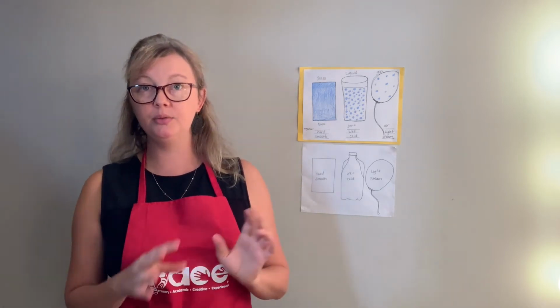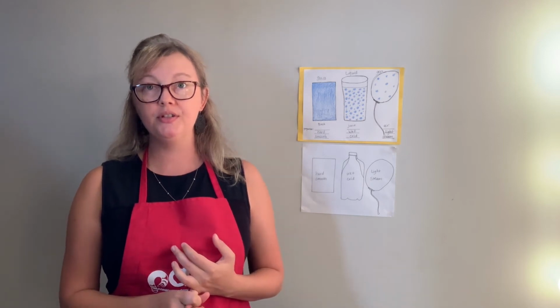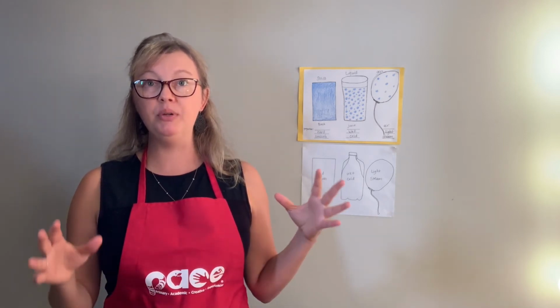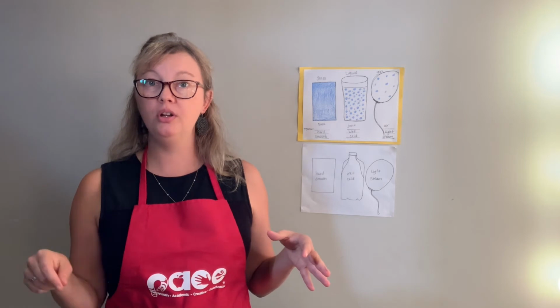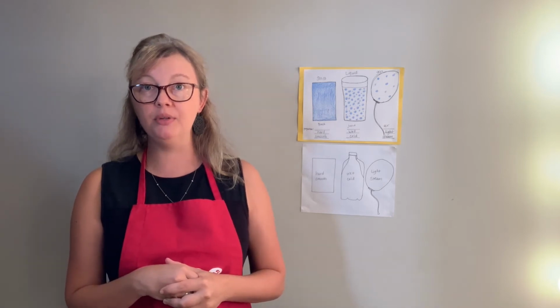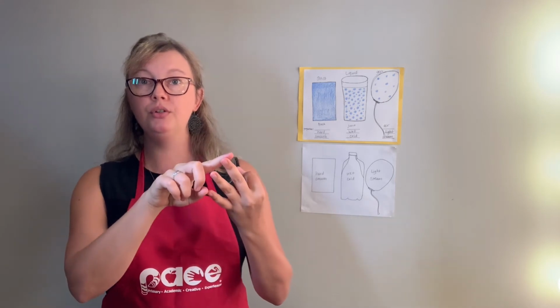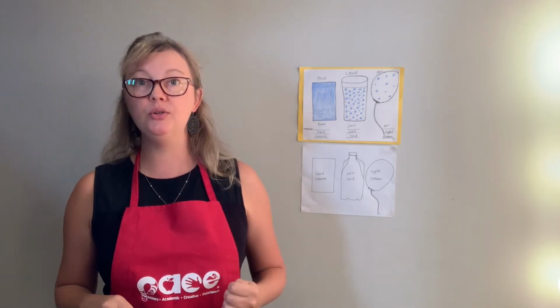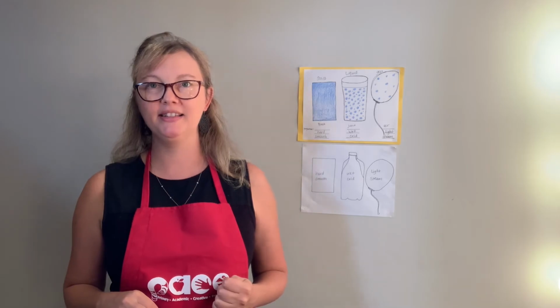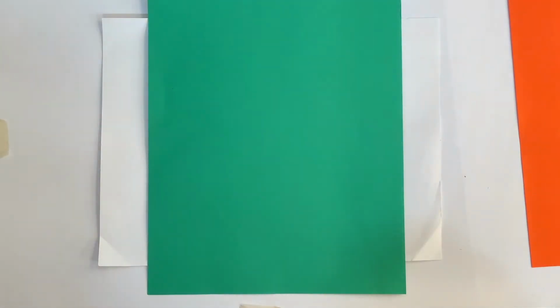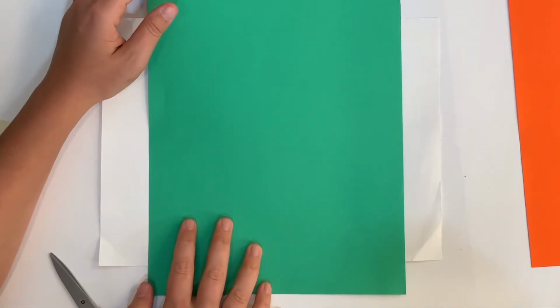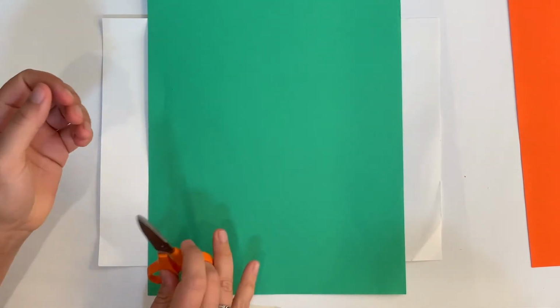Okay, for our last art project today, we need a piece of construction paper. So one piece of colored paper, a pair of scissors, glue, and a piece of white paper to glue the construction paper onto. I will meet you back at the art table. White paper, construction paper, glue, and scissors, and I'll meet you in a second when you've gathered your supplies. I want you to take your piece of colored paper and cut it up in any kind of shape you can think of.